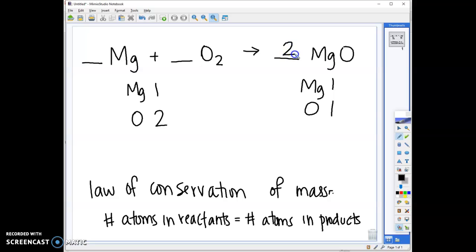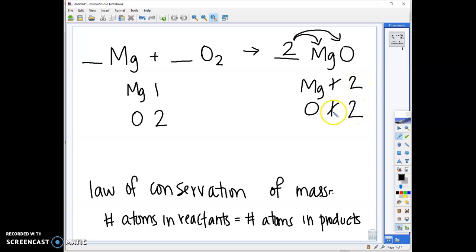So I'm going to put a 2 right here in front. Now what that does, when I put a 2 as a coefficient in front, I have to multiply that by each thing in my compound. So now instead of 1 magnesium, I'm going to have 2, and instead of 1 oxygen, I'm going to have 2. Okay. So I multiply that coefficient by everything in that compound.